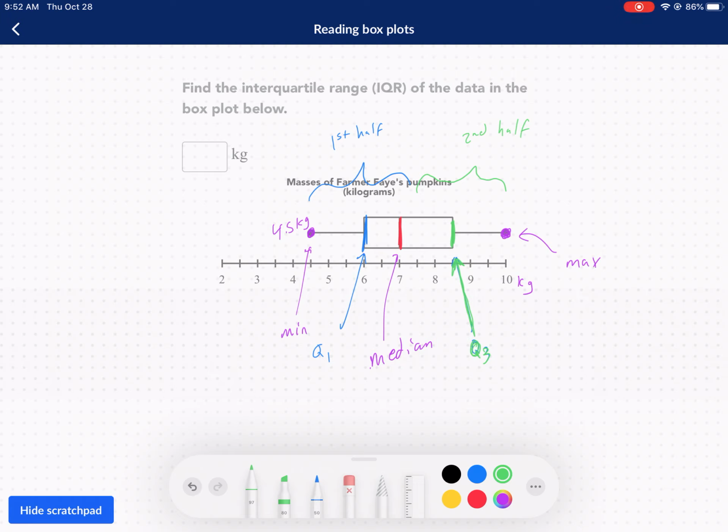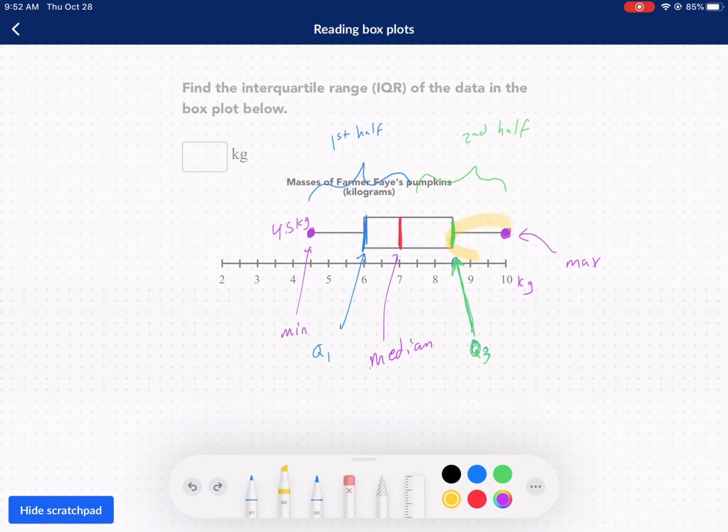Exactly how you would think of it, like a quarter, 50 cents, and then 75 cents. Same thing, 25%. So this is like the 25% mark of the data, this is like the 75% mark, and then we have the 50%. What does that mean? Well, 25% of the data is right here in this range, and 75% of the data is in this range.